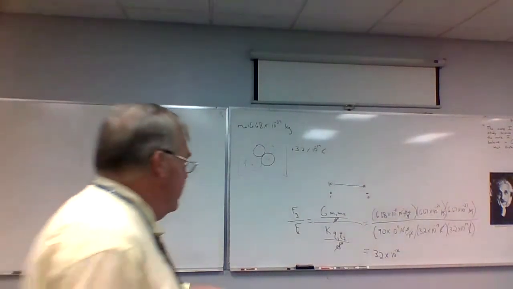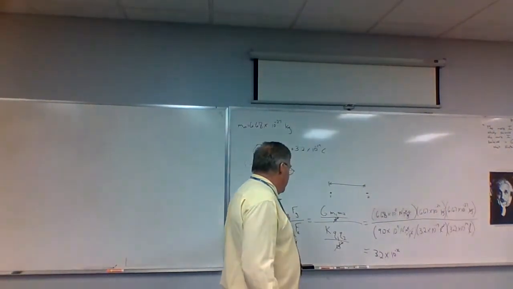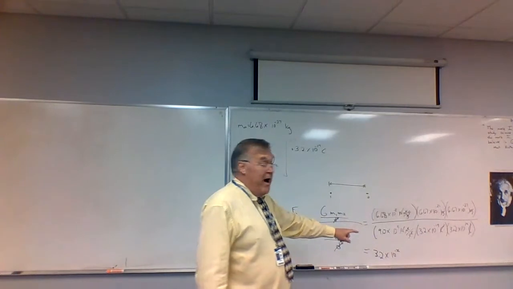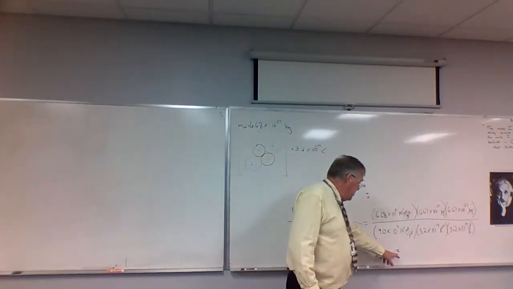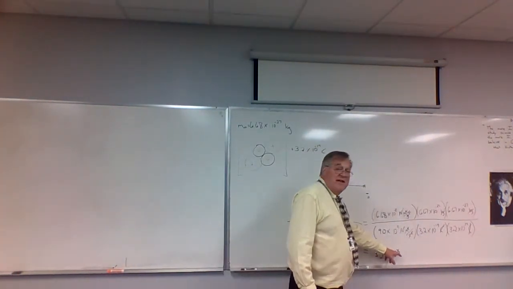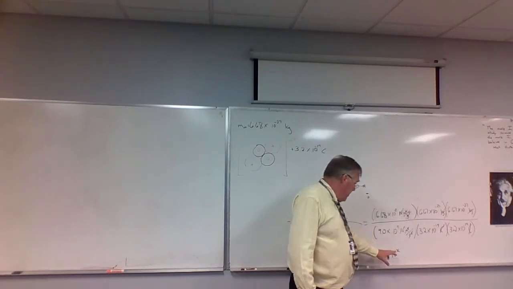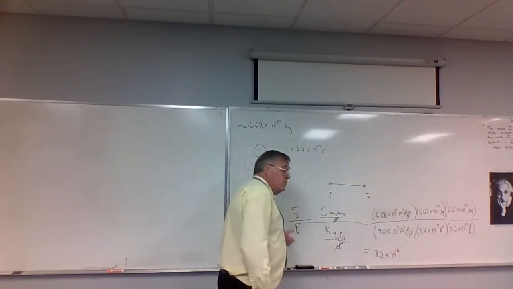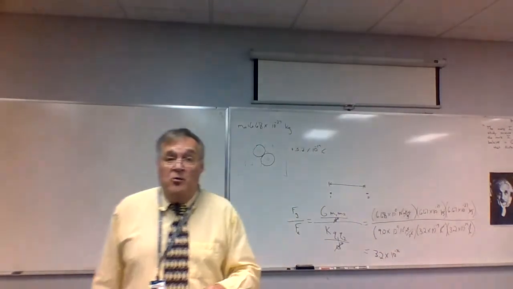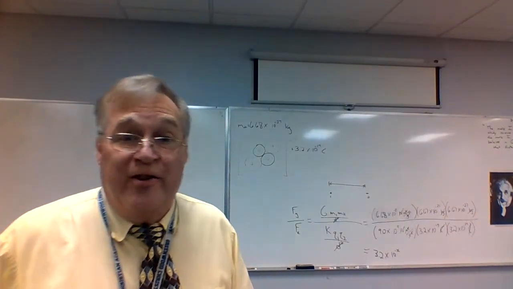They figured out f sub e over f sub g. Now, I want you to notice the power. This is huge. This is an enormous number, the ratio. 3.1 times 10 to the 35th.